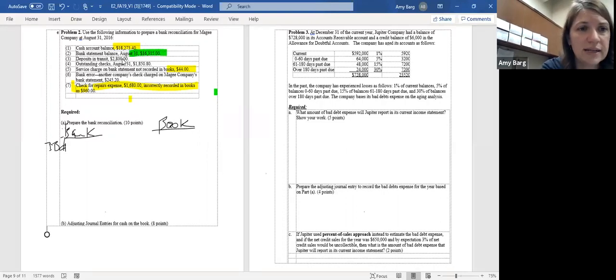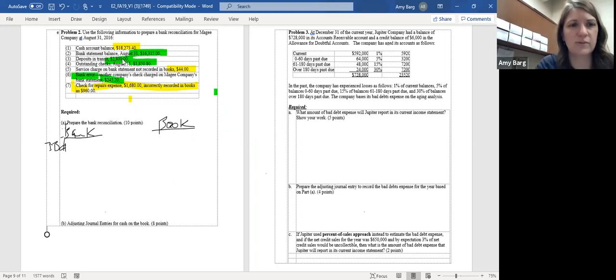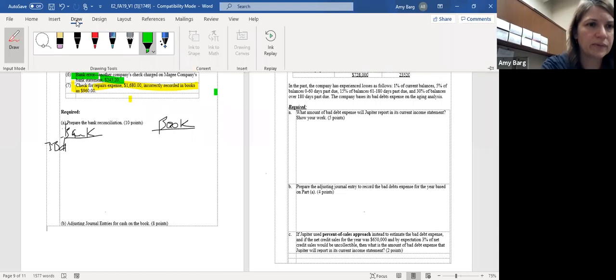Deposits in transit is a bank thing. Outstanding checks is a bank thing. And a bank error is also a bank thing. So it helps if you go through the information and decide, okay, this is something that needs to go on the bank side. This is something that needs to go on the book side.